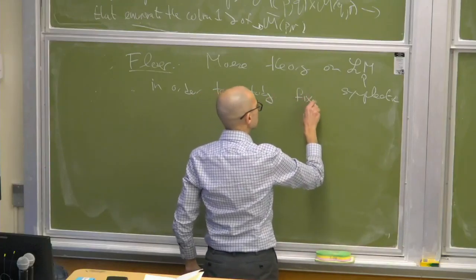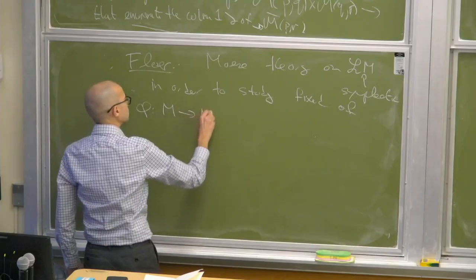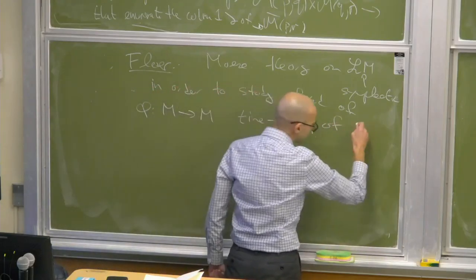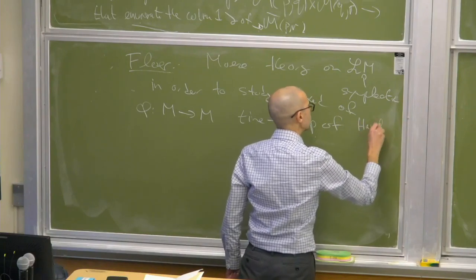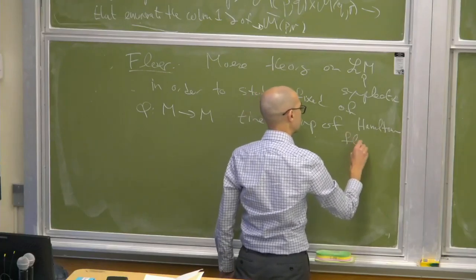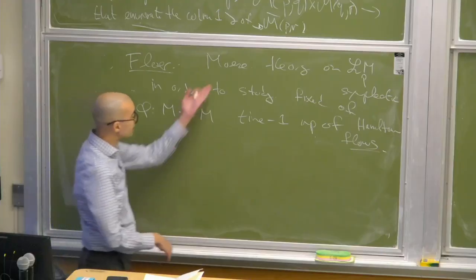Fixed points of phi from M to M, which are the time one map of a Hamiltonian. Again, I didn't define Hamiltonian technically, but it basically means symplectic flows with some small technical condition. Okay? Well, this is a lie.